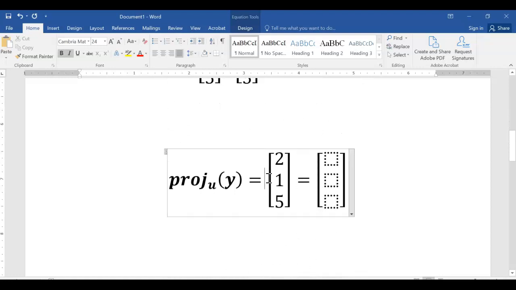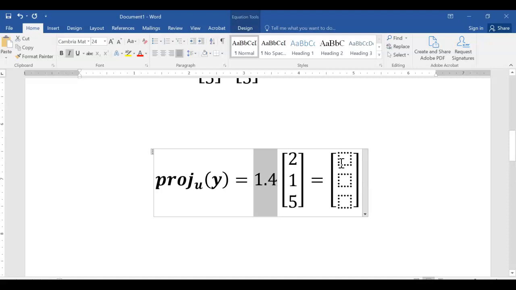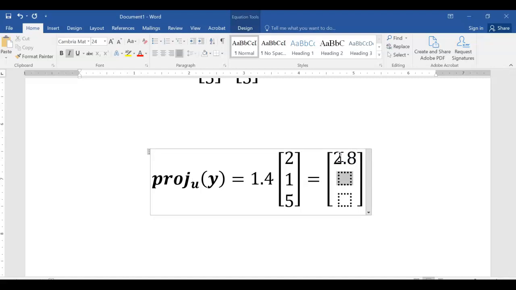So take 1.4 times 2 and you get 2.8. 1.4 times 1 is 1.4. And then 1.4 times 5 is 7. So the vector that is y projected onto u is 2.8, 1.4, and 7.